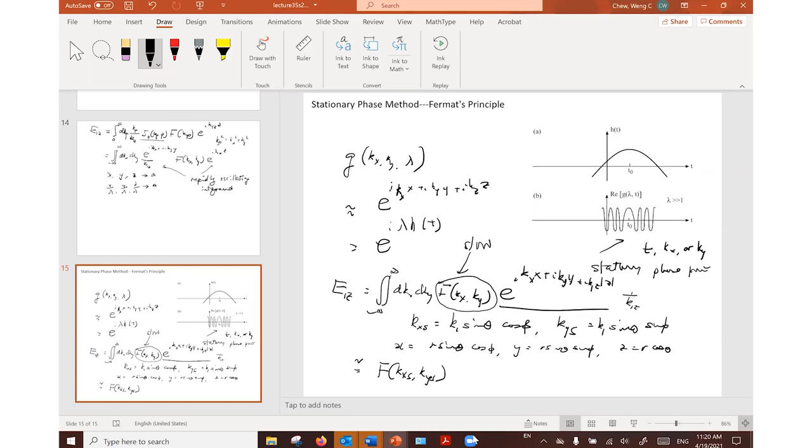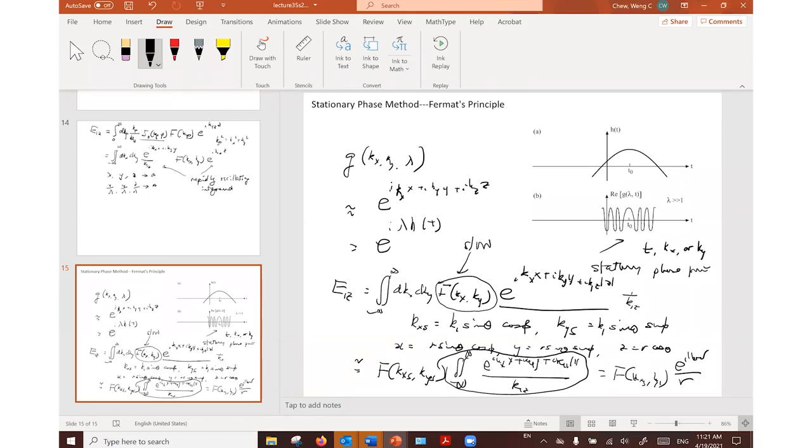So what I'm left with in the integrand is e to the i kx x plus ky y plus i k1z z, over k1z. And this part, I can use the Weyl identity and say that it becomes like a spherical wave again. So you can make this stationary phase point approximation and look at these Sommerfeld integrals and get some physics out of these integrations.